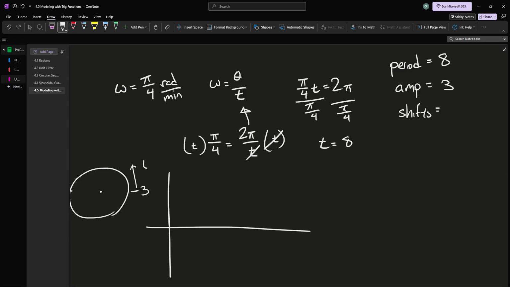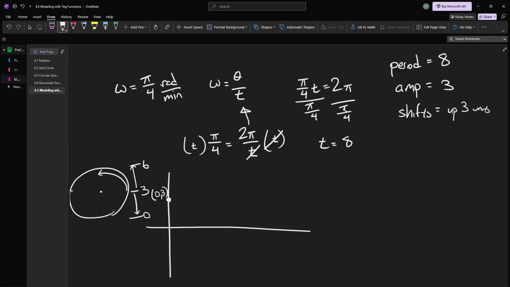I'm going up to 6. I could go down to 0. So as I go around, I start at 0, 3. At time 0, I start at position 3. And this immediately tells us that there is no horizontal shift. So I have 3, up 3 units.